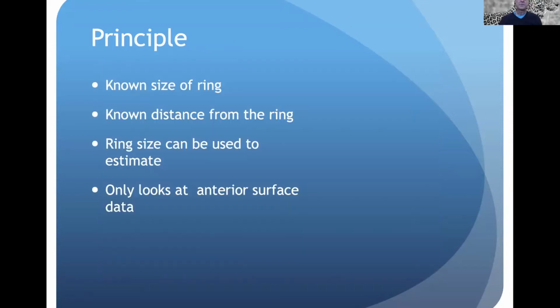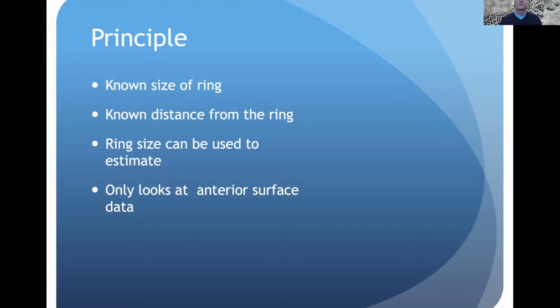And the principles are quite simple. If we know the size of the ring and we know the distance from the cornea to the camera, then we can use the ring size to estimate the curvature of the cornea. You have to emphasize that we're not really measuring the curvature of the cornea.